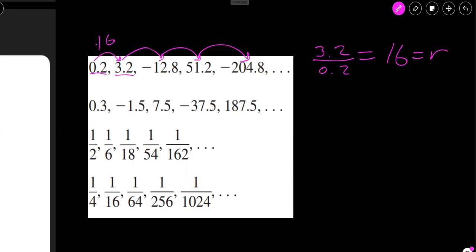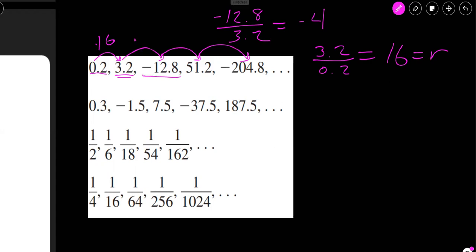Then to test that, all I need to do is see if the ratio is going to be the same the whole way through. I can take negative 12.8 and divide by 3.2. I can already tell you it's going to give us a problem, because 12.8 divided by 3.2 is 4, but since it's a negative, it's going to be negative 4.